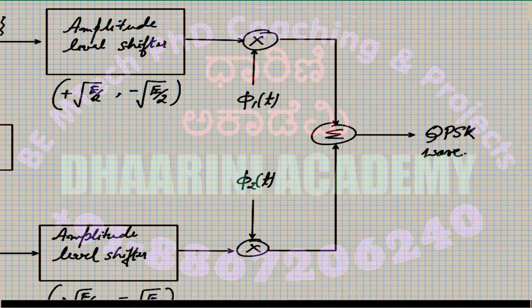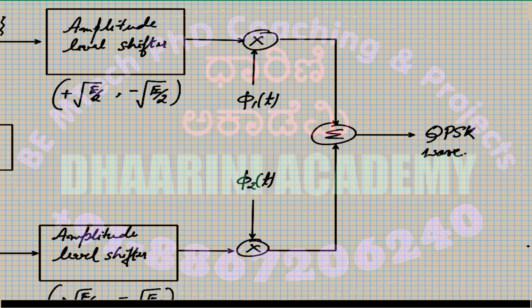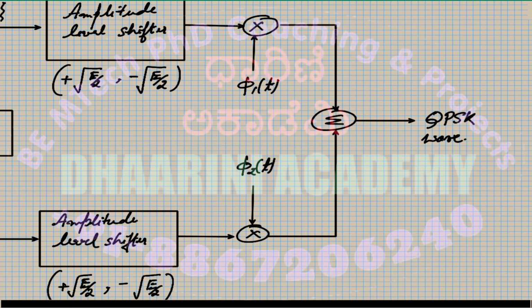Just refer back to the equation of the psi of t, which had two parts: something into phi1 of t minus something else into phi2 of t. The same format we are trying to generate here by using this block diagram. So our next objective is to look at the demodulator.